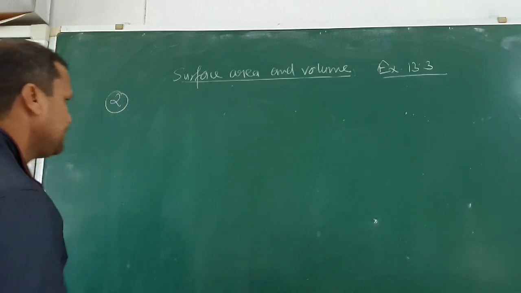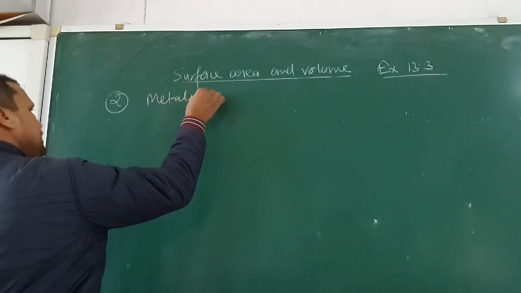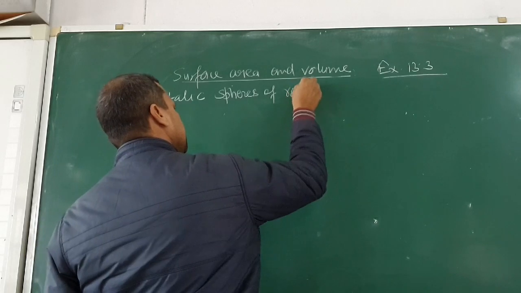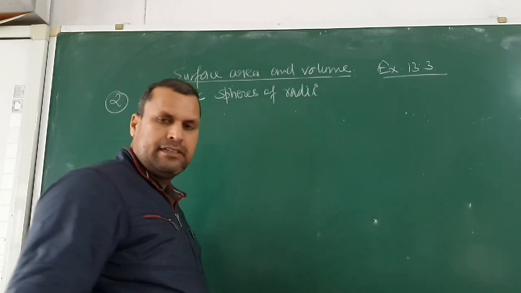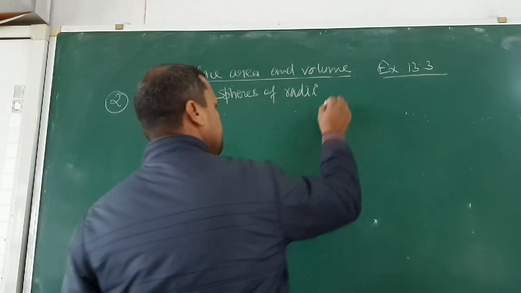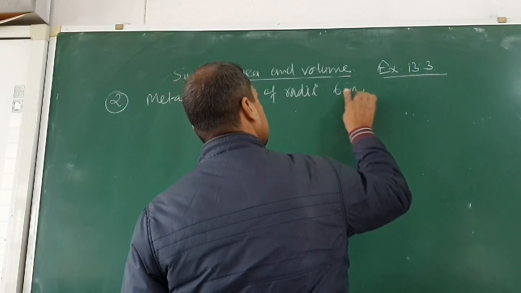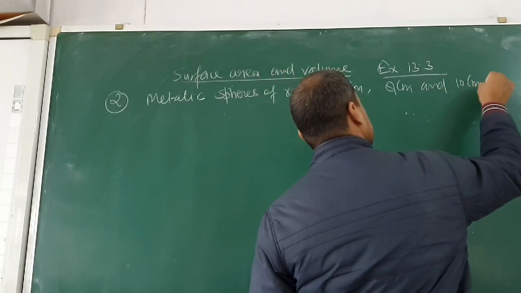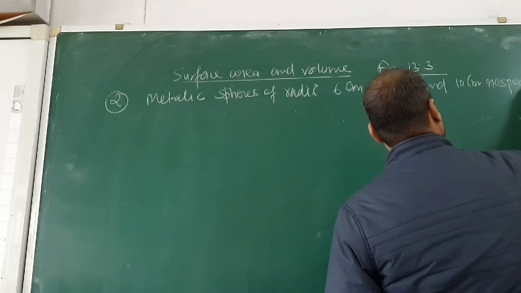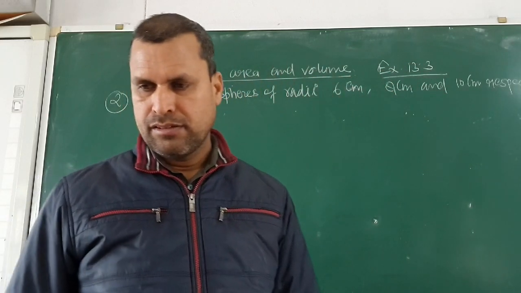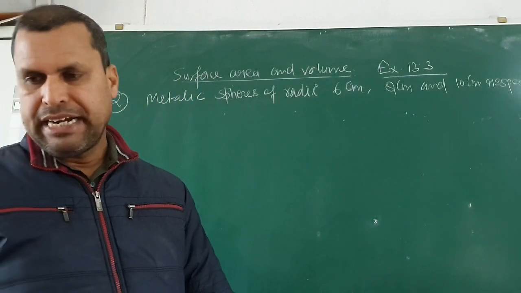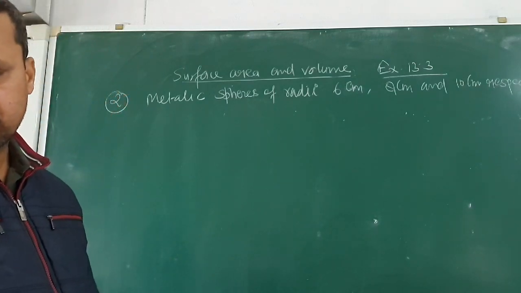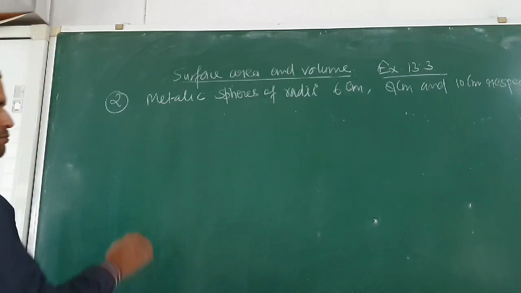Metallic spheres of radii 6 centimeter, 8 centimeter and 10 centimeter respectively are melted to form a single solid sphere.